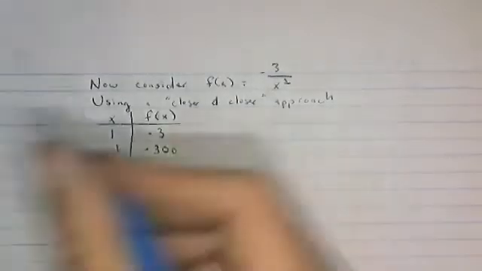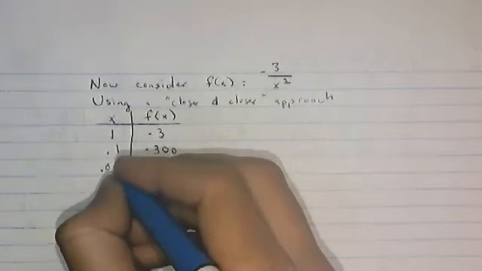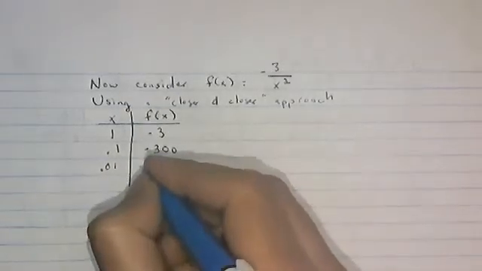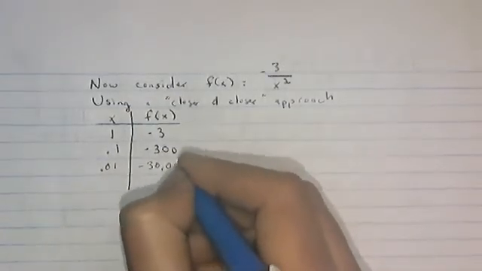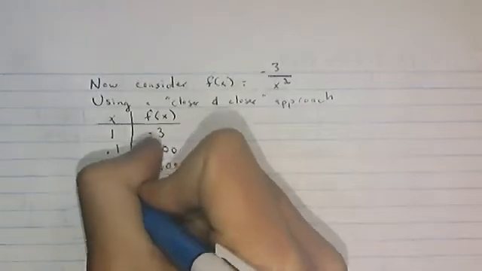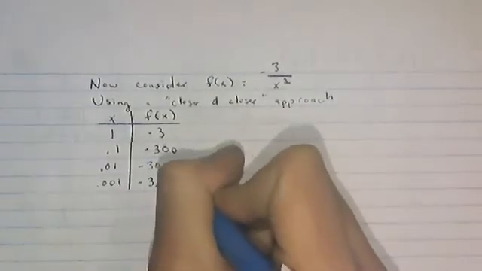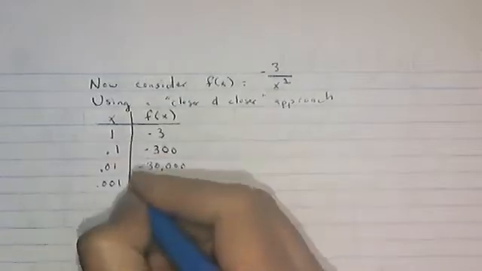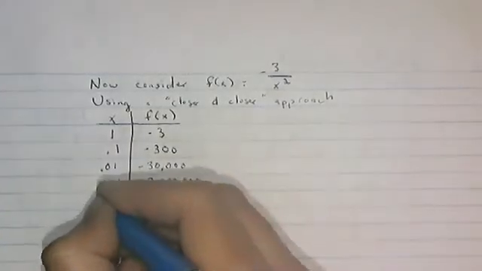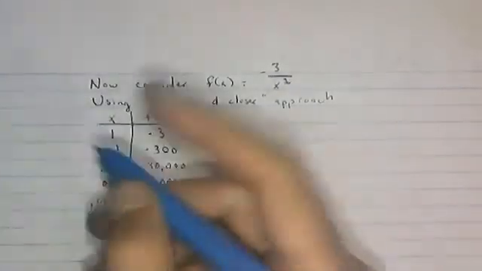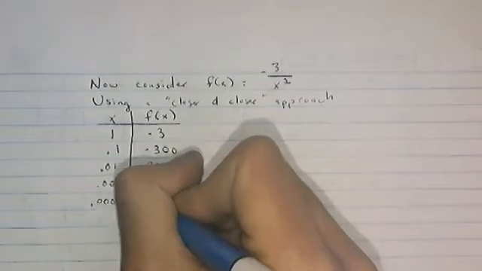We're just flipping them. Same thing with 100th becomes negative 30,000. 1,000th, negative 3 million. And finally, a 10,000th turns into negative 300 million.